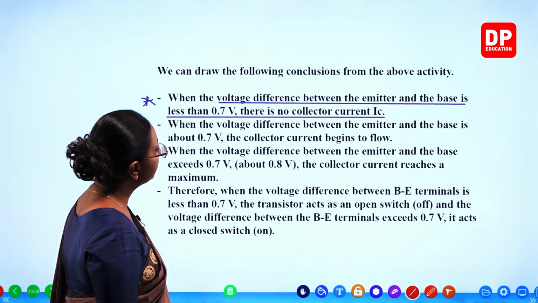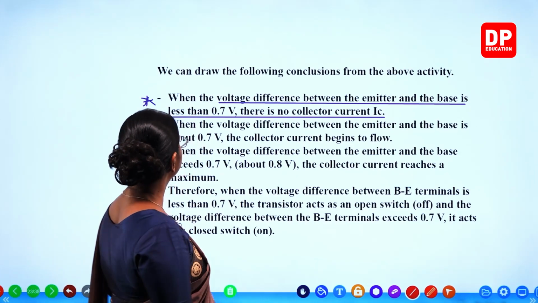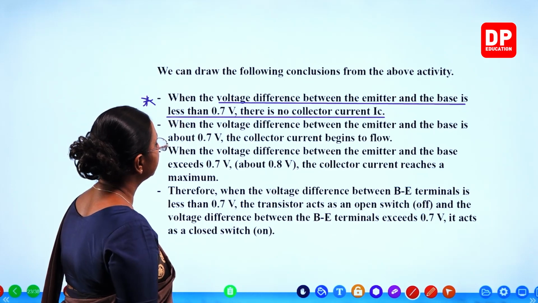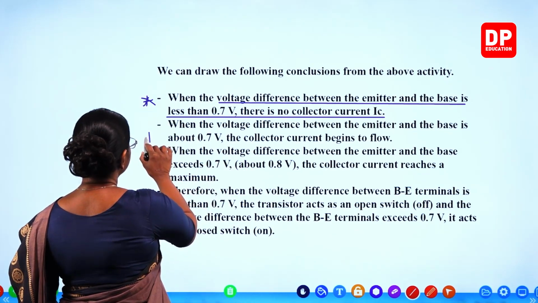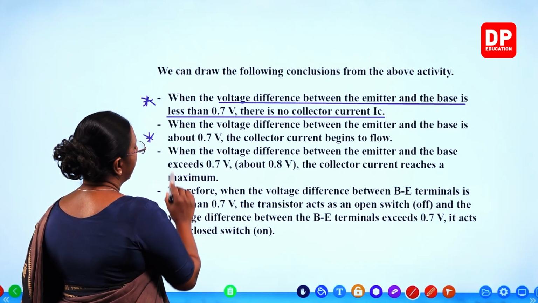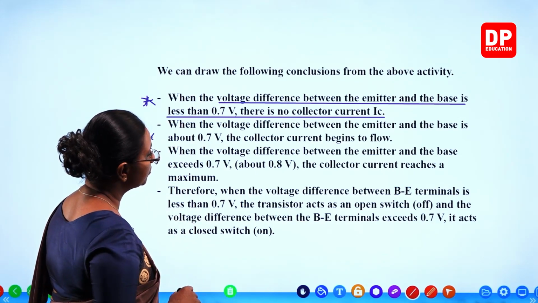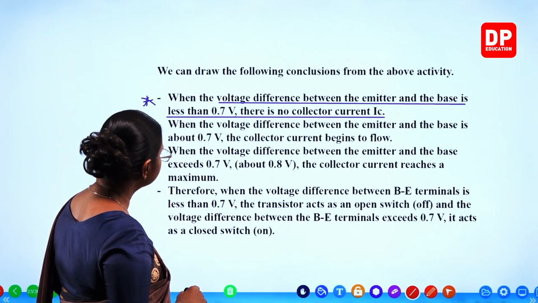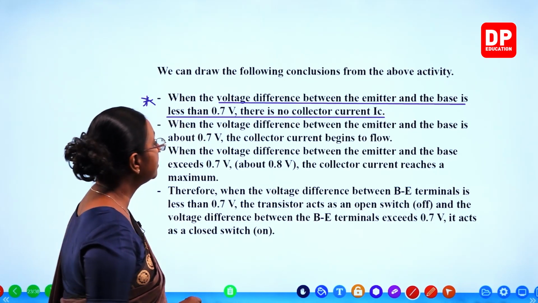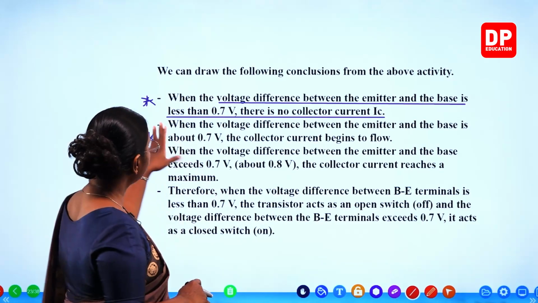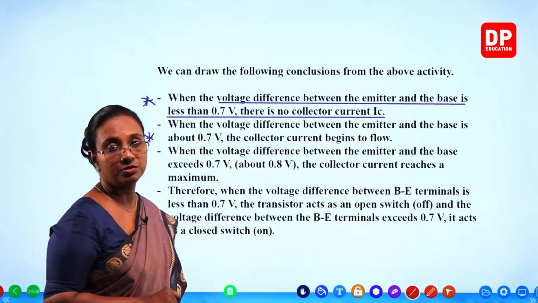When the voltage difference between the emitter and the base is about 0.7, the collector current begins to flow. So this is the second conclusion. And when the voltage difference between the emitter and the base exceeds 0.7 volts, the collector current reaches a maximum. So all are very important conclusions.